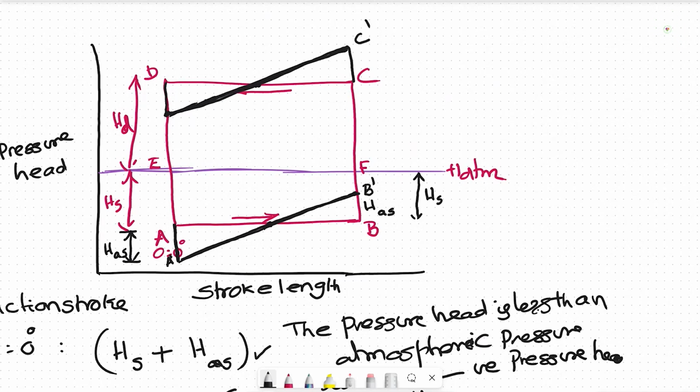So instead of CD, it will be C dash D dash. Now what is the indicator diagram for us? Instead of A B C D, it will be A dash B dash C dash D dash.